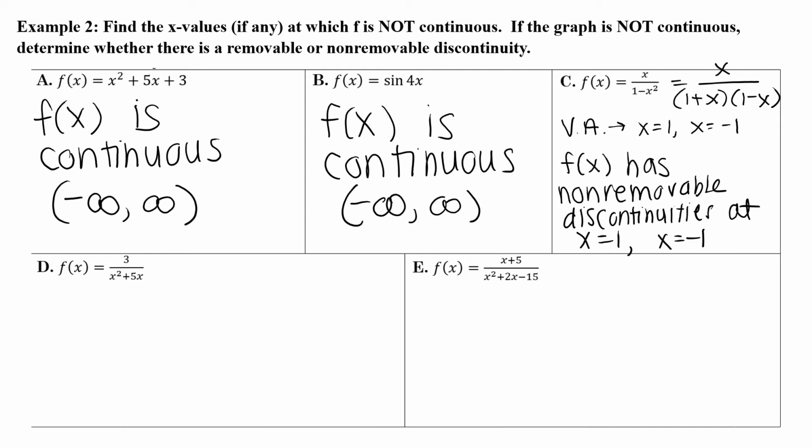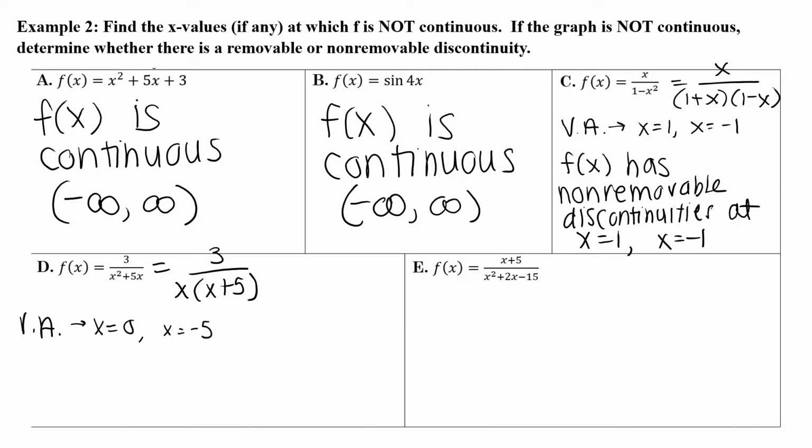In letter D, we have a very similar function, f of x equals 3 over x squared plus 5x. Again, we want to think about this function and find where we have any holes, jumps, gaps, or asymptotes. Again, I'm going to take my denominator and factor it, so I'm going to write this as 3 over, factoring out an x, I have x plus 5 left over. This tells me that my vertical asymptotes, remember you take each factor in the denominator and set it equal to 0, would happen at x equals 0 and x equals negative 5.